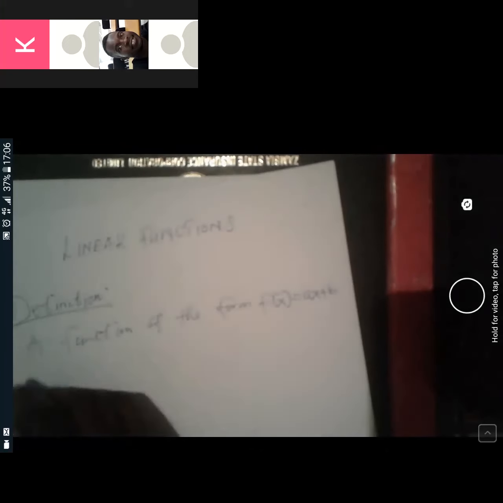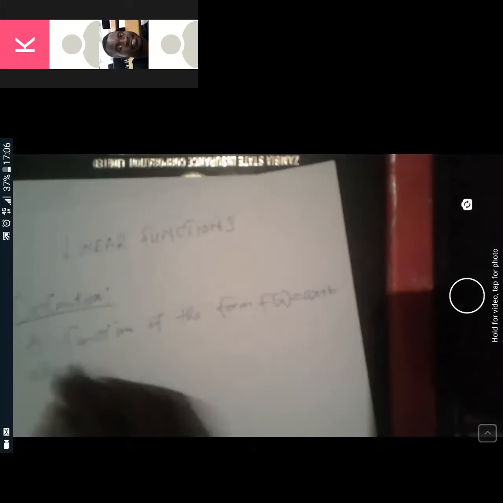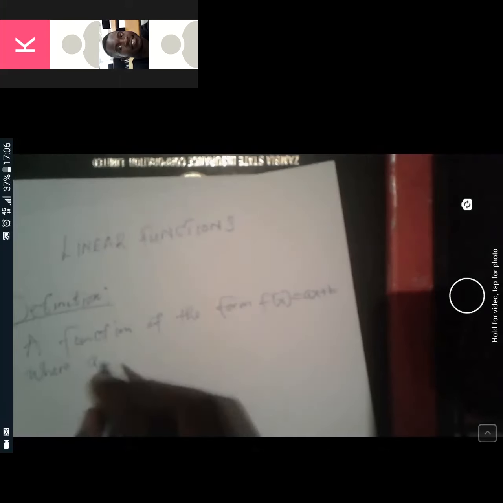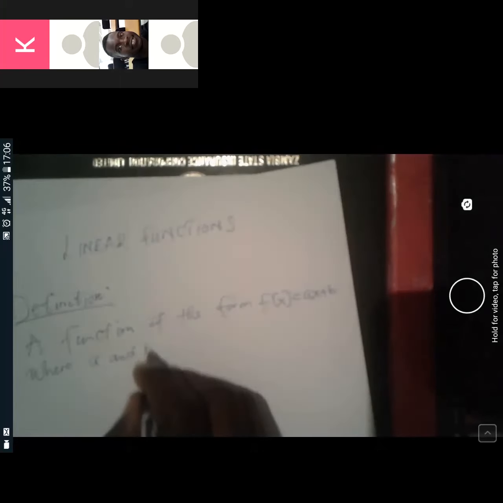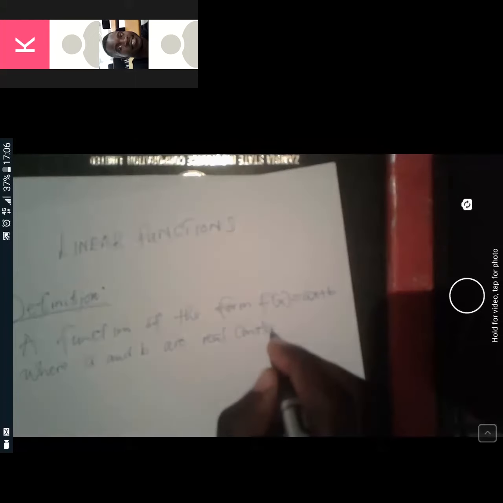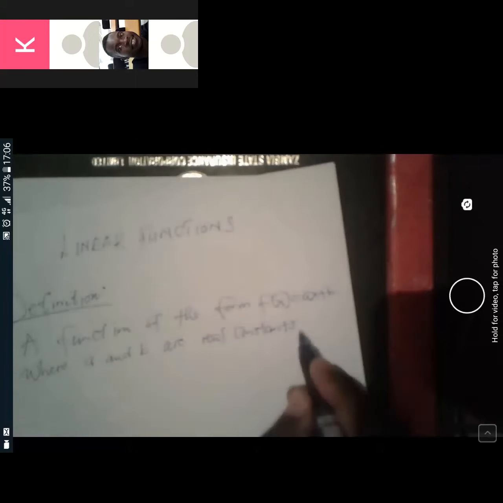That's how you define a linear function, where a and b are constants.